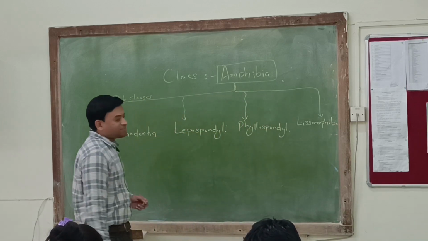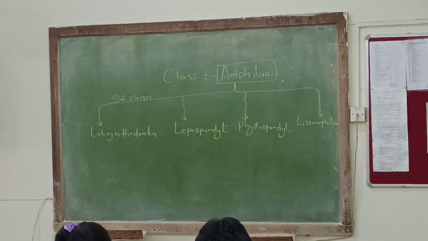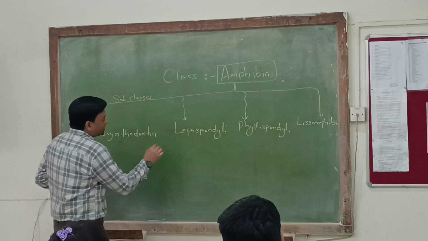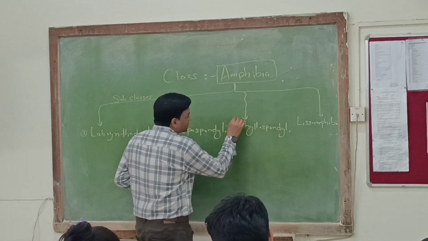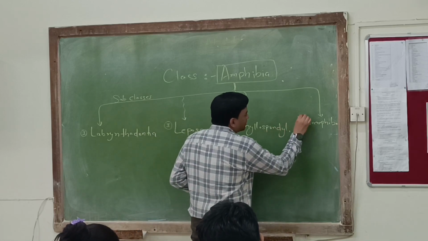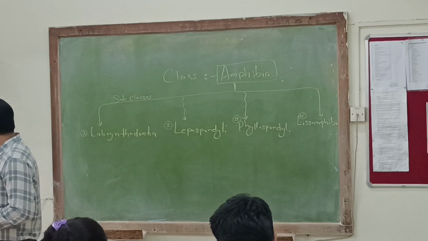So the class Amphibia is divided into 4 subclasses: the subclass Labyrinthodontia, the subclass Lipospondyli, the subclass Phyllospondyli, and the subclass Lissamphibia.